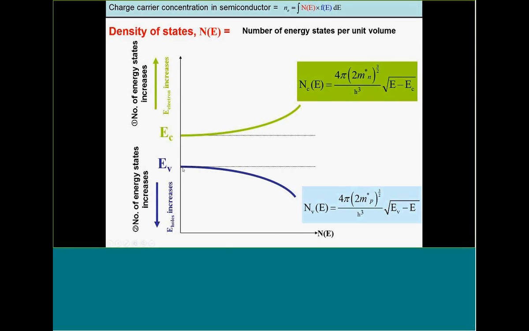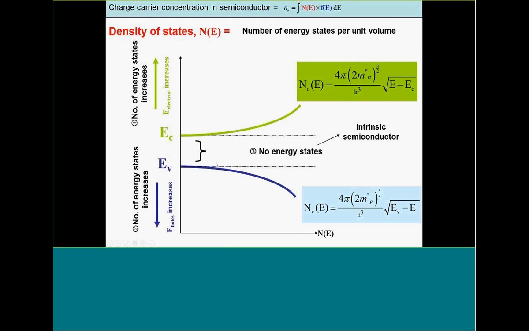And if you look here again, it's about the same as the electron, where the density of states increases with the energy of the holes. The number of energy states increases as the energy of the hole increases.